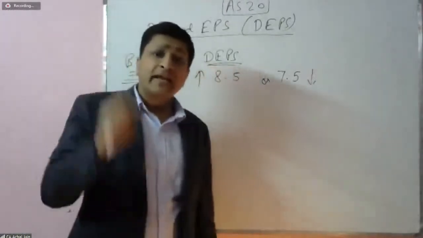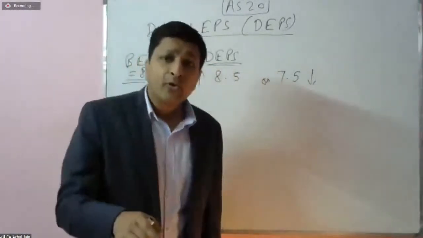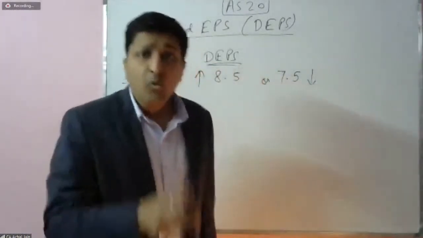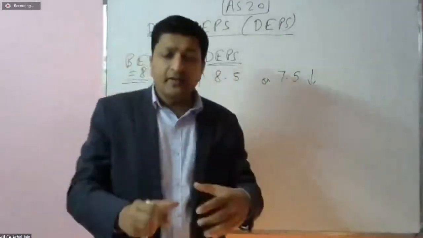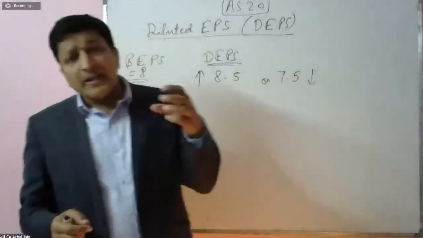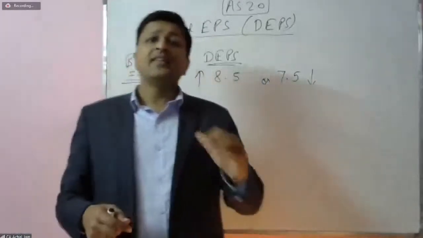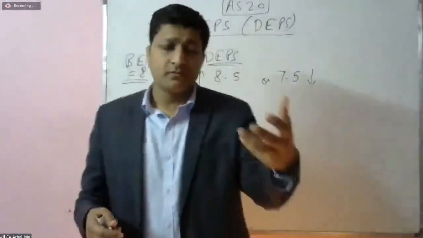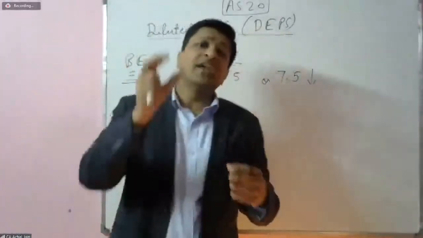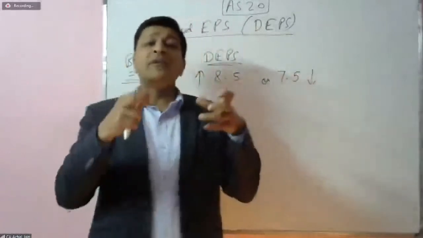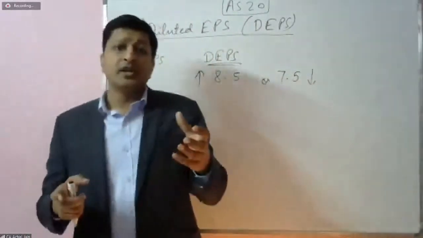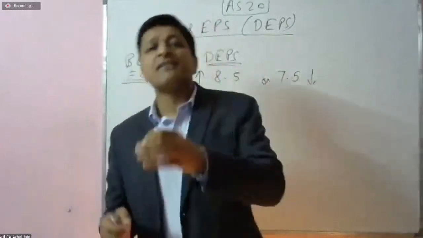Why did it get diluted? It got diluted because some more equity shareholders have joined. They have joined in the pool and they are going to share the profits. The chunk of profits may have increased, but it may not have increased by the same proportion in which the number of shares have increased.